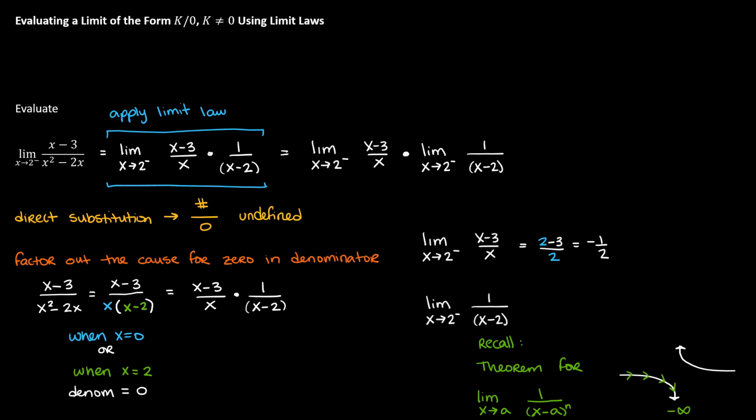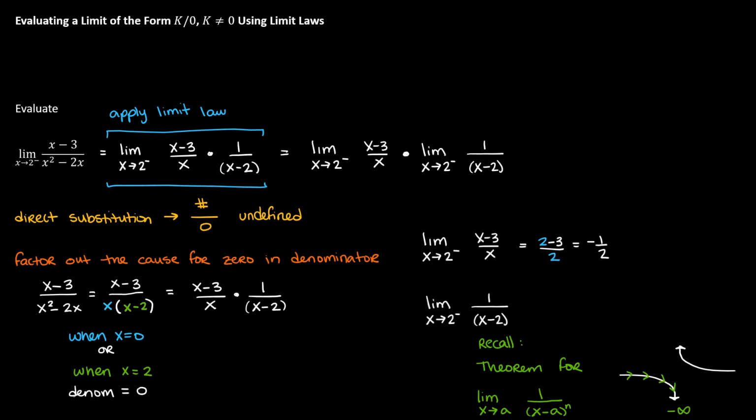With these two limits evaluated separately, we can now bring them back together and think about what that product would entail. We have a negative 1/2, but then we have a negative infinity. The two negatives together you can think of as opposite opposite. So we started with a negative 1/2, but then we applied an opposite from the negative infinity, meaning we're now going up instead of down. And if we think about multiplying something like 1/2 to something that's infinite, the infinite wins.